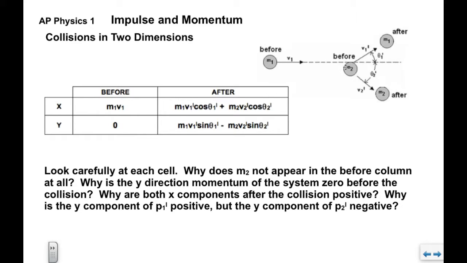This is also positive because m2 is moving to the right. When we look at the y direction after, m1 v1 prime sine theta 1 prime, it's moving up after the collision, so this is positive. m2 is moving down, so that's what makes this component negative.